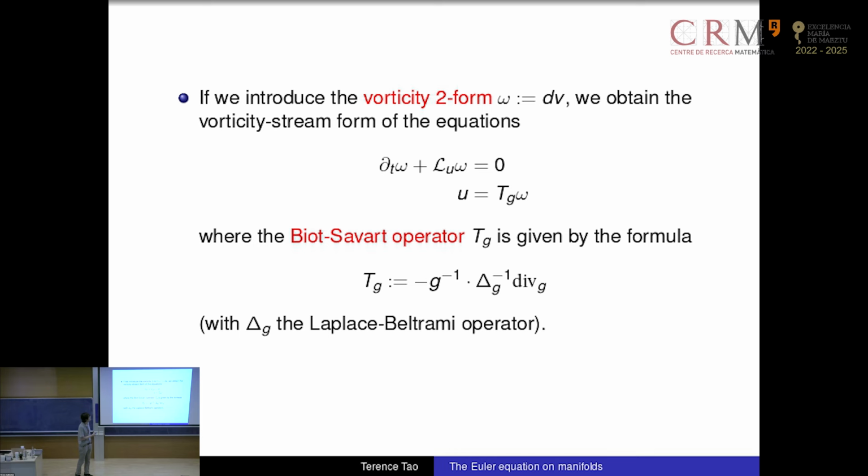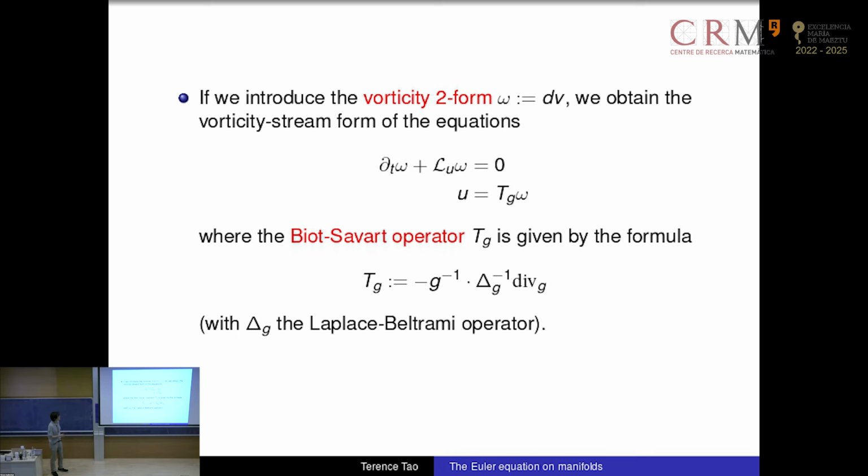And you can recover the velocity from the vorticity by inverting some operator, the Biot-Savart law. So this is what's called the vorticity stream form of the equations.